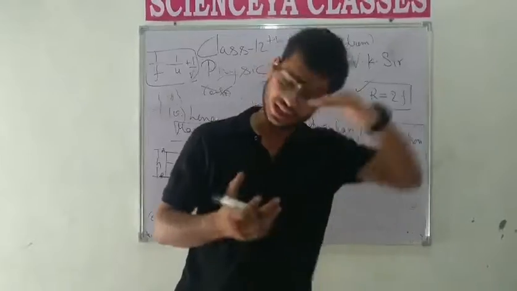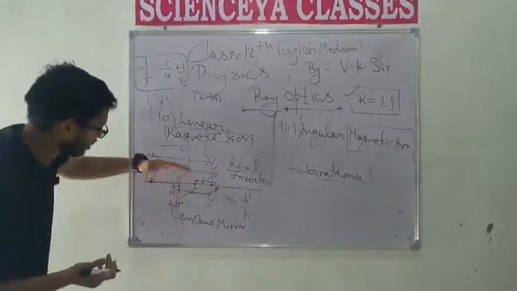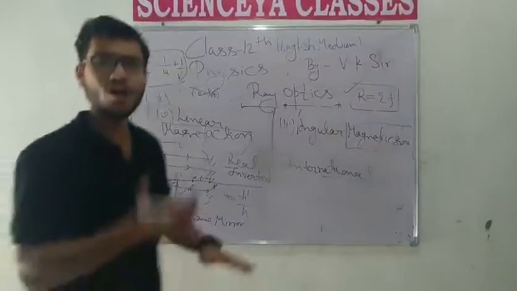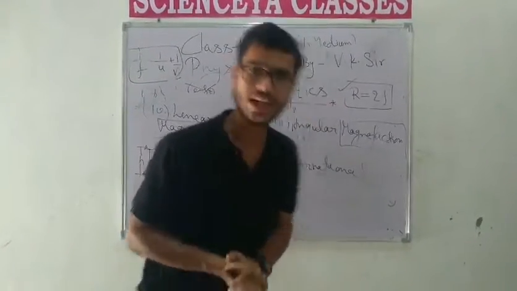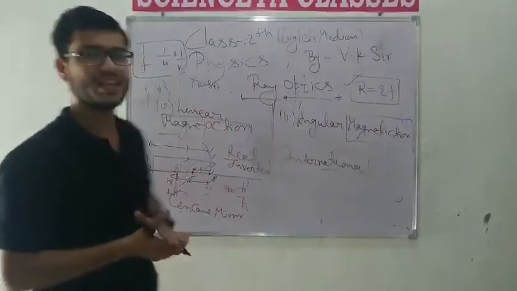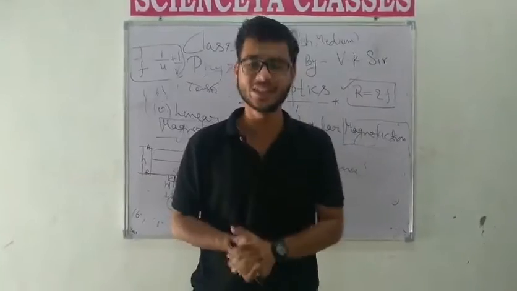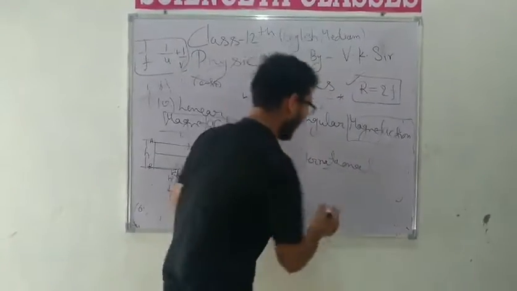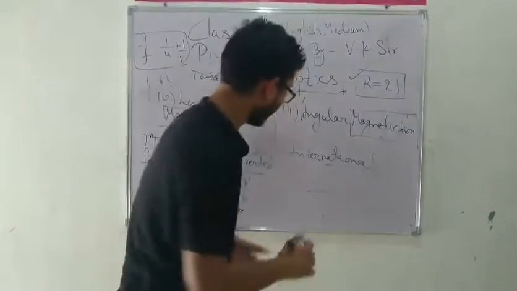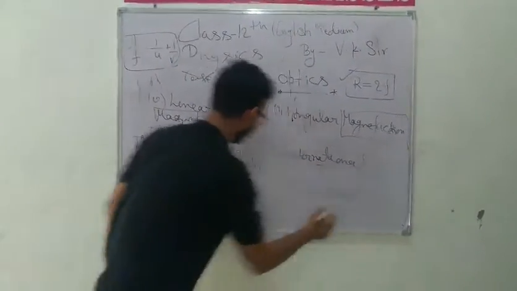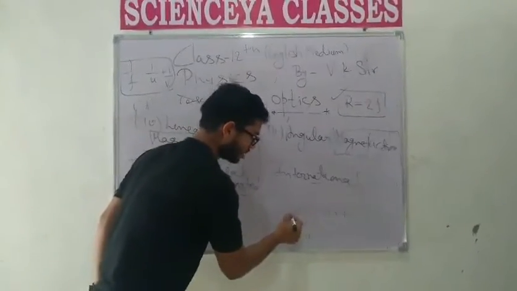So student, we are discussing again the sign convention. All distances that are measured below the principal axis are measured as negative, and all distances measured above the principal axis are measured as positive. Like the Cartesian coordinate system, here all distances are positive, here all distances are positive, and here all distances are negative.